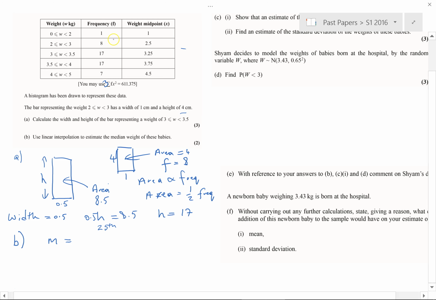Looking at the cumulative frequency, we've got 9 up to that group, and we've got 26 up to the end of that group, that's 9 plus 17, yes it is 26. Okay, so we know the median is here somewhere.